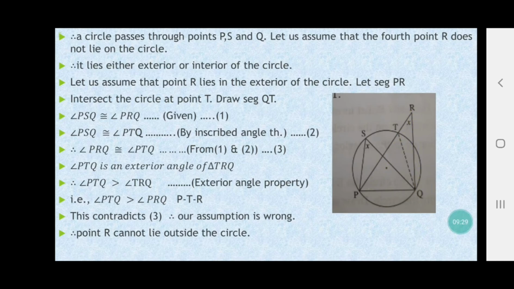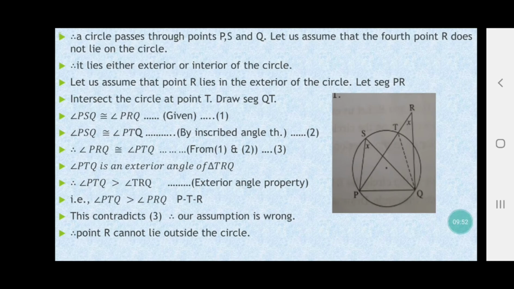But through the inscribed angle theorem, angle PSQ will be equal to angle PTQ. From these two equations, we come to the conclusion that angle PTQ is equal to angle PRQ.